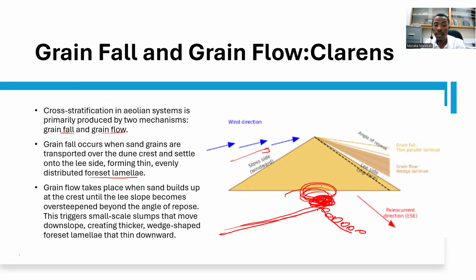The angle of repose is the angle beyond which these sand particles are no longer stable, and they will slump. This triggers small-scale slumps that move downslope, creating thicker wedge-shaped foreset laminae that thin downward.